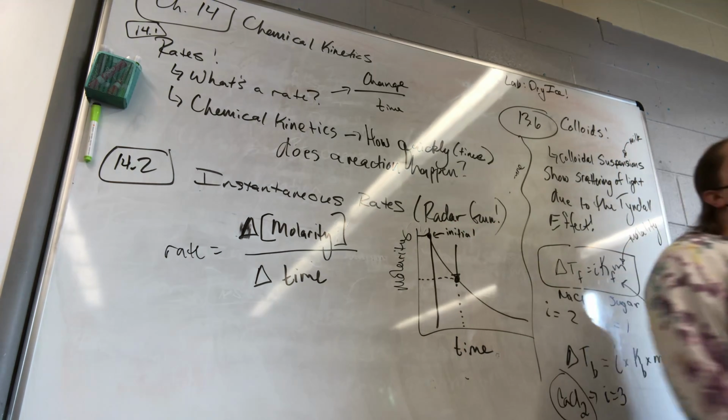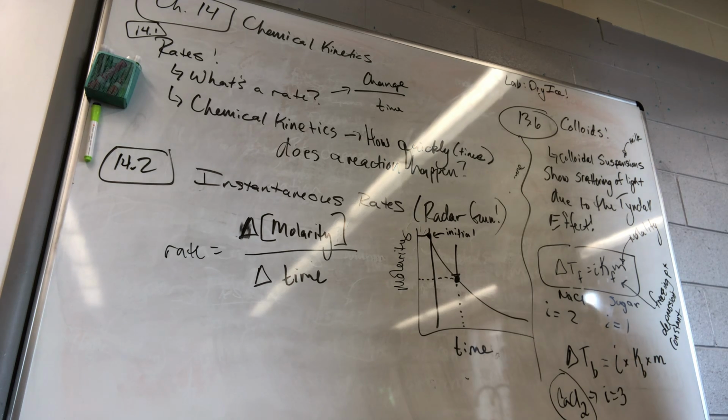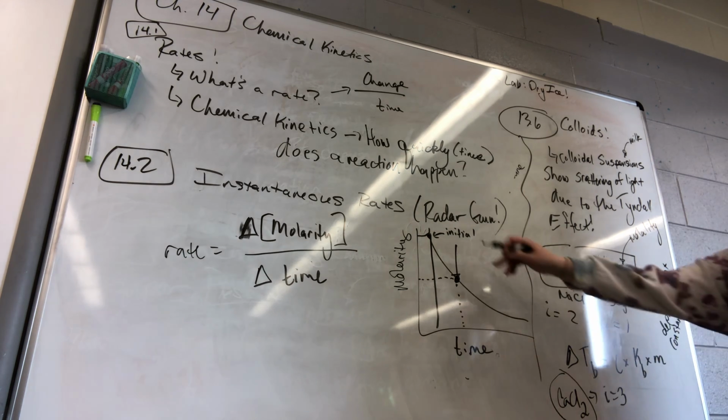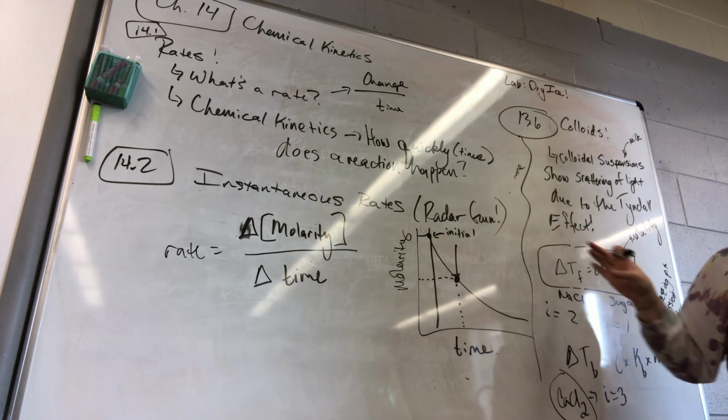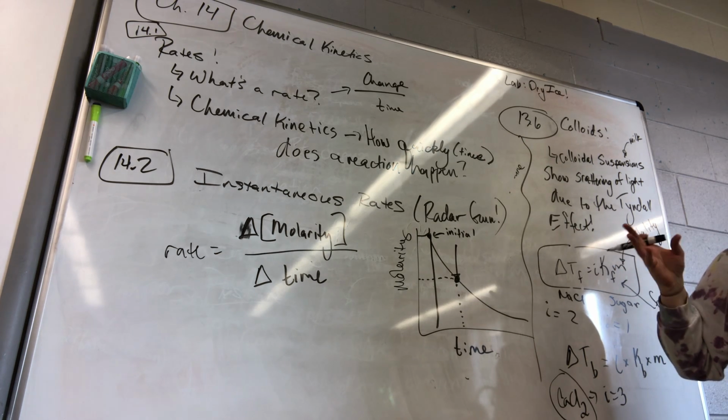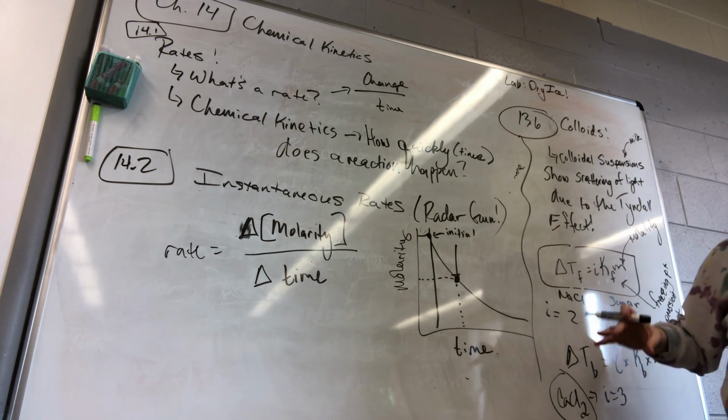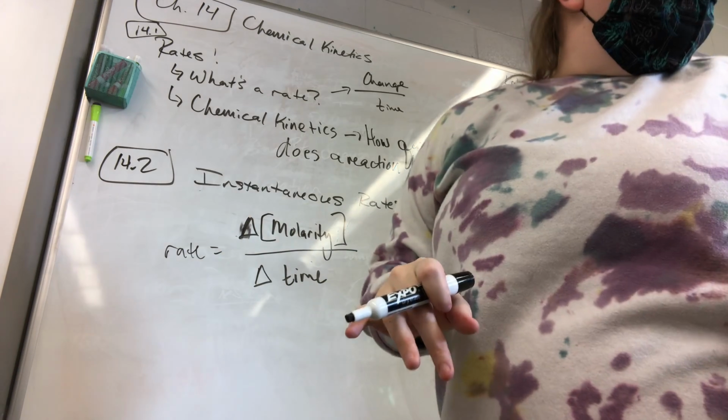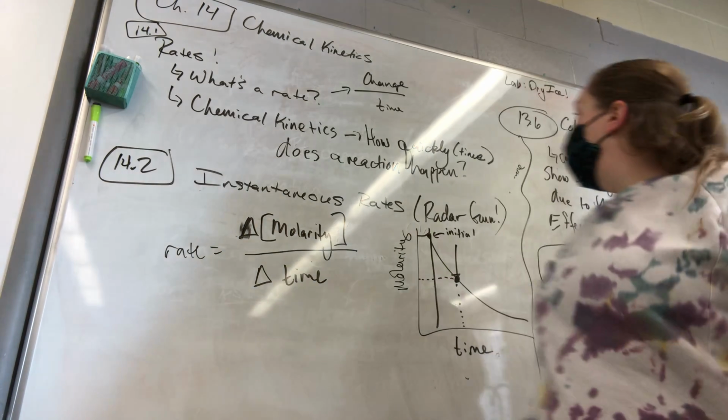And if we compare it to an initial value, we've got a change in molarity over a change in time. In this case, is our change going to be negative or positive as we go to the right? Negative, right? Because the thing is disappearing. Okay. Which brings us to section 3.